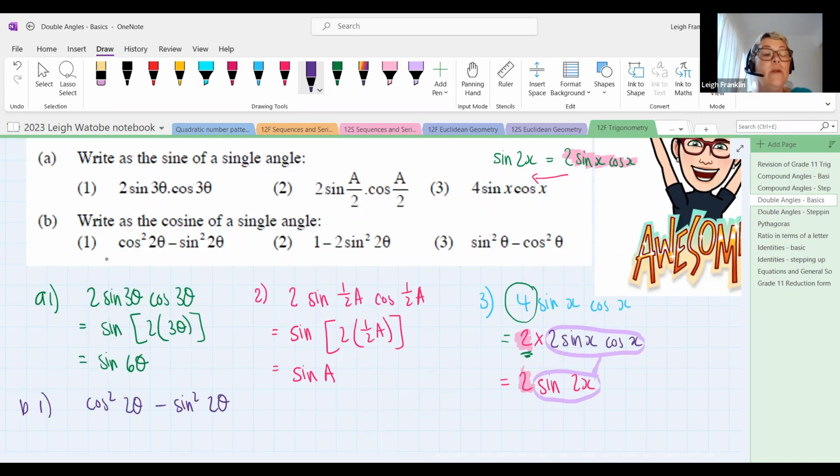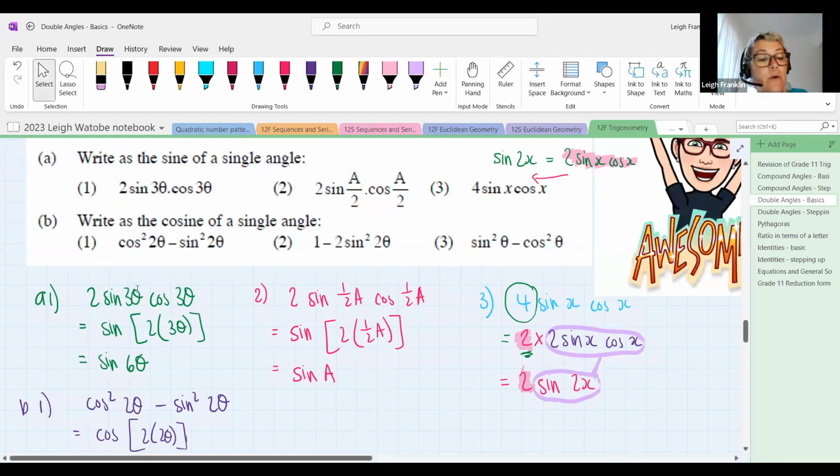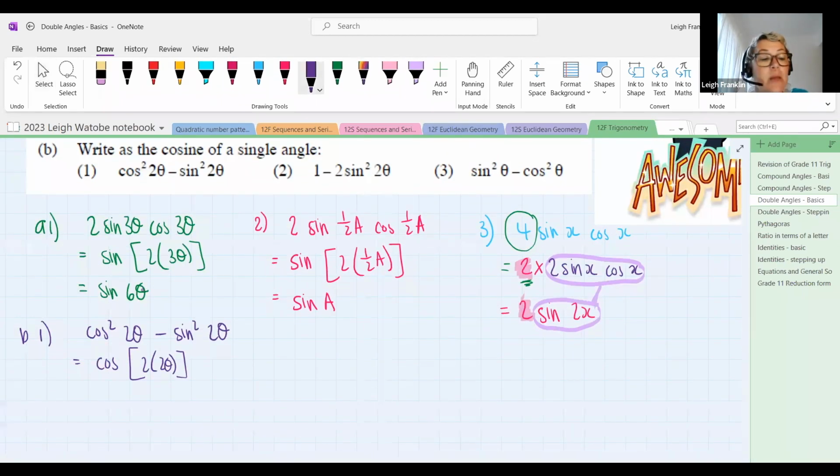We know that cos squared theta minus sine squared theta is our cosine double angle. So I can write this as the cos of 2 times my angle, which is 2 theta. So this becomes cos 4 theta. That's not a bad one as far as double angles go.